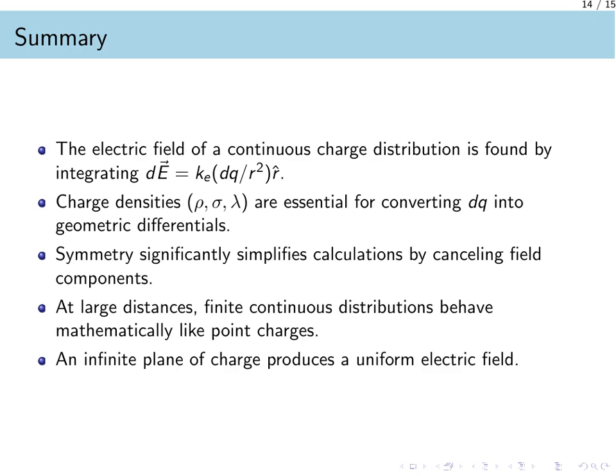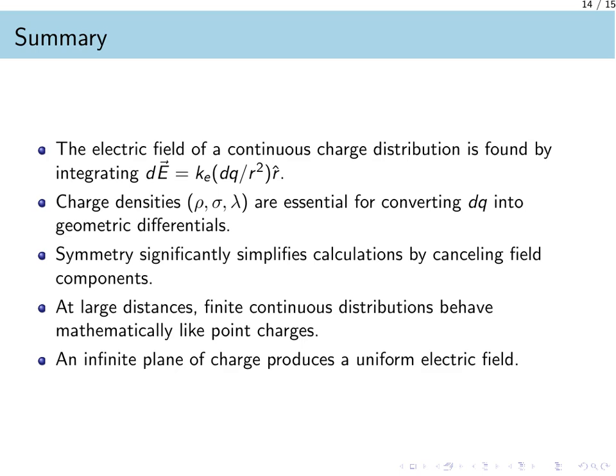To summarize our key findings, the electric field of any continuous charge distribution is calculated by integrating the individual field contributions from infinitesimal charge elements. Using volume, surface, or linear charge densities is an absolute necessity for converting the theoretical charge element dq into practical geometric differentials like dx or dr. You should always look for physical symmetry, as it significantly simplifies calculations by canceling out certain opposing field components.